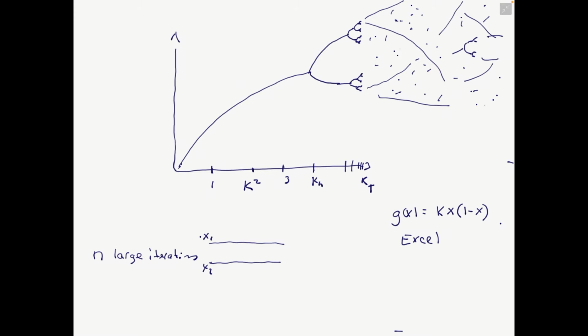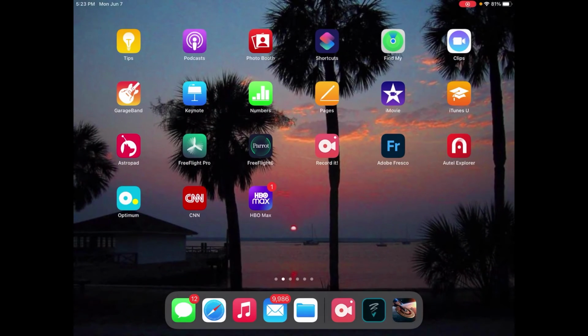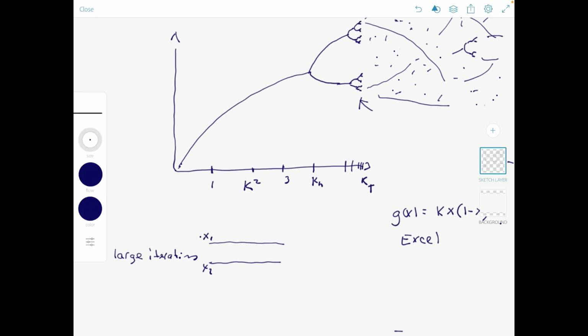It's a crude example, but it's an example in Excel, and you'll see what I mean about the bifurcation diagram. And I can also show you some bifurcation diagrams on the internet. But anyway, those are some of the characteristics and properties of this logistic equation.